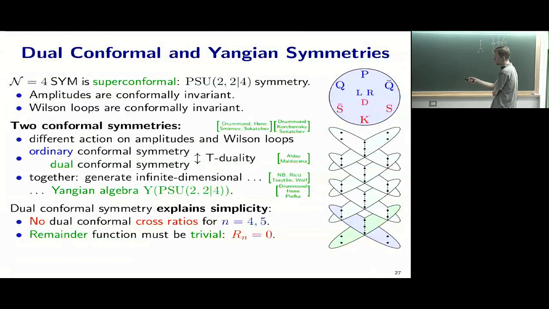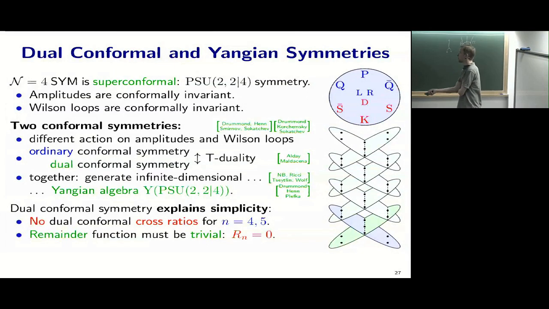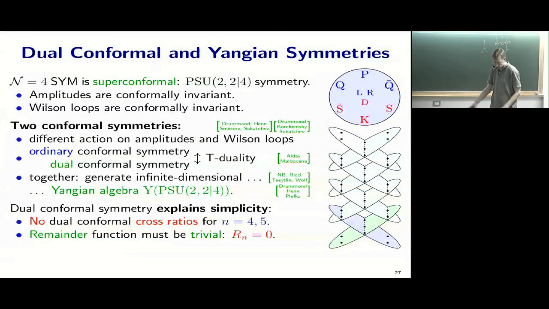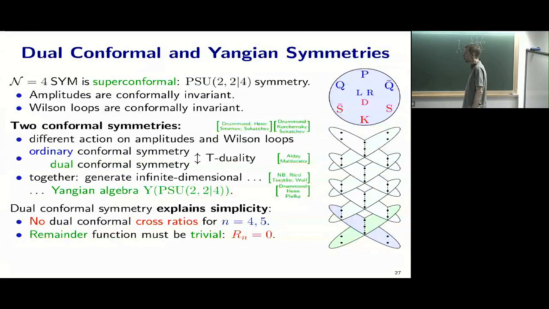All I want to say here is that this dual conformal symmetry does explain the simplicity of scattering amplitudes, because if you have a dual conformal symmetry, as usual in conformal models, you have conformal cross ratios. And all the invariant objects must be functions of the cross ratios. And it turns out there are no dual conformal cross ratios for scattering amplitudes of 4 and 5 legs. You can simply not form an invariant quantity, and therefore these cannot depend on them.